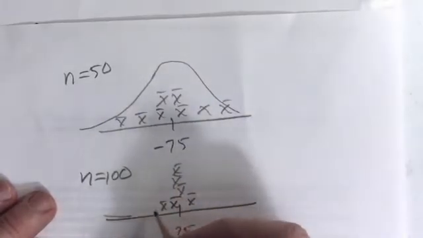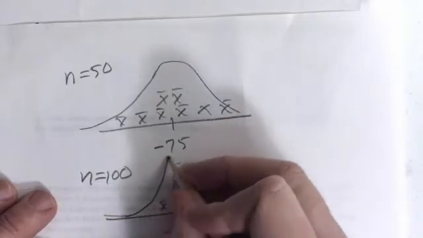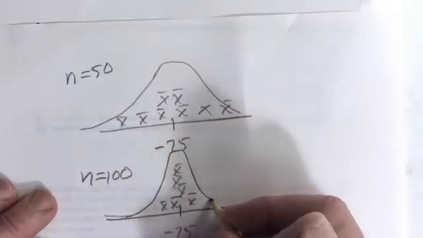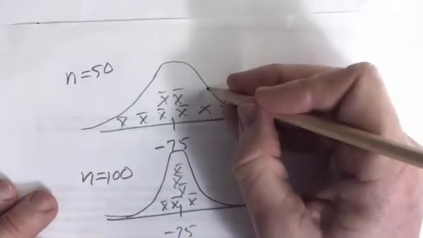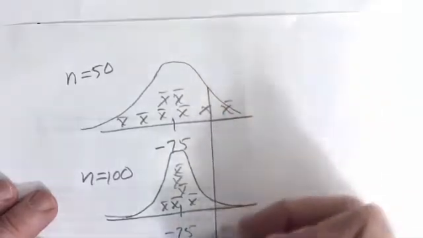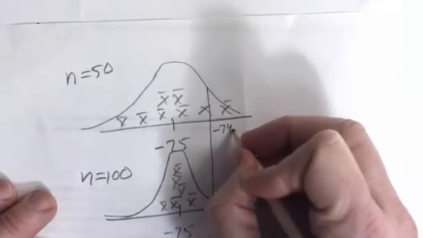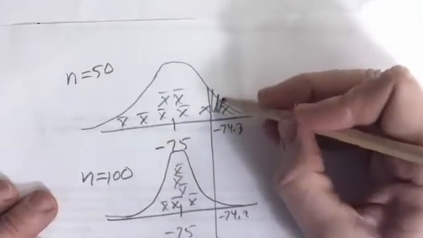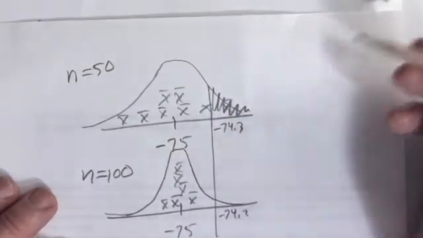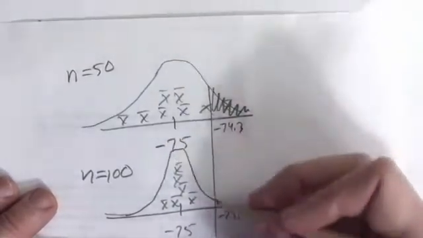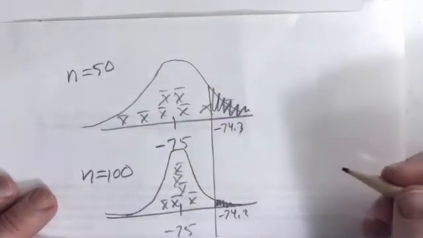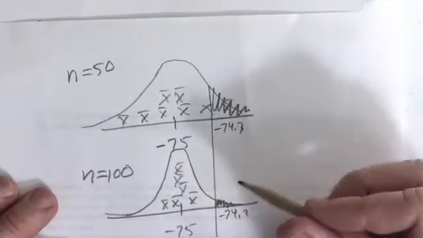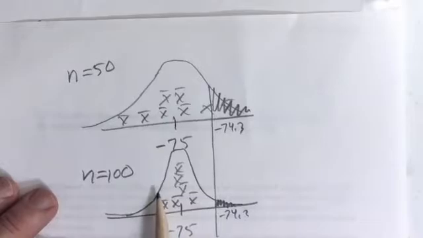And so it makes your tails go down, and it makes it taller and skinnier, to where when you've got this value over here, so let's say negative 74.3 is right there, in this curve it happens like 10% of the time, according to the other side of the page. But on this curve, it happens very rarely. It happens less than 5% of the time. So the bigger sample size creates less variability in your sampling distribution.